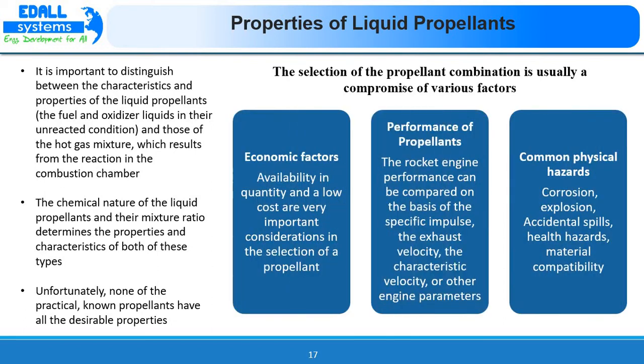The first factor is the economic factor: availability in quantity and low cost are very important considerations in the selection of a propellant. The propellant has to be available in large quantity and at a very low cost so that it is affordable for many organizations. Quality also matters, because it is usually more expensive to use a toxic or cryogenic propellant than a storable non-toxic one.